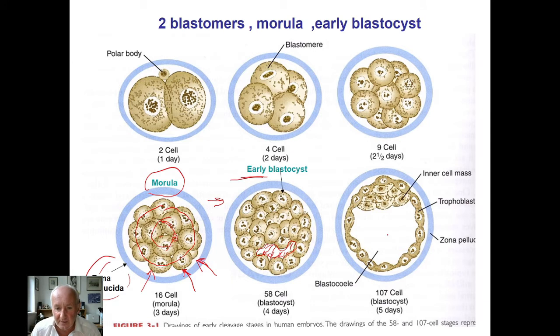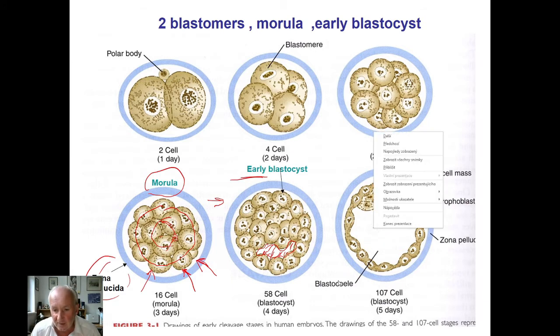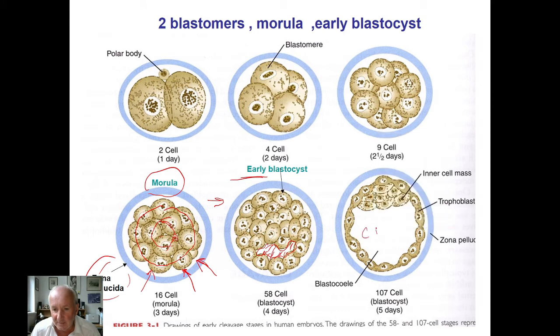You see that the fluid is more and more. So this is the blastocoel, or the cavity of the blastocyst. This outer part we will now call trophoblast, and this inner accumulation of blastomeres we will call embryoblast.